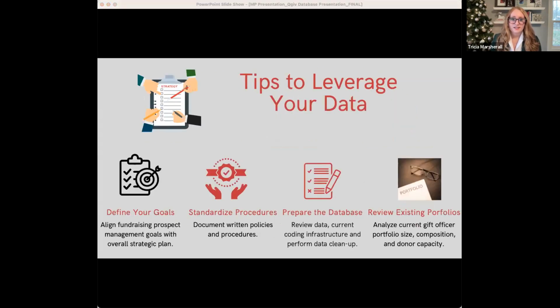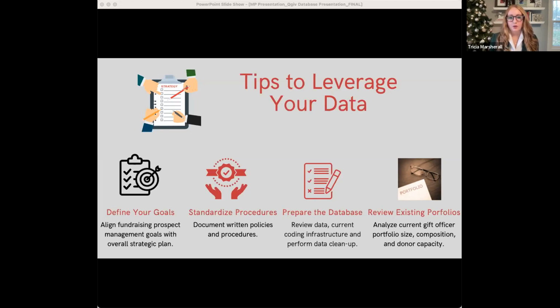So some of the tips to really leverage your database in order to support this. And I always take a step back here, because I think it's really important that you are looking holistically at the overall strategy.